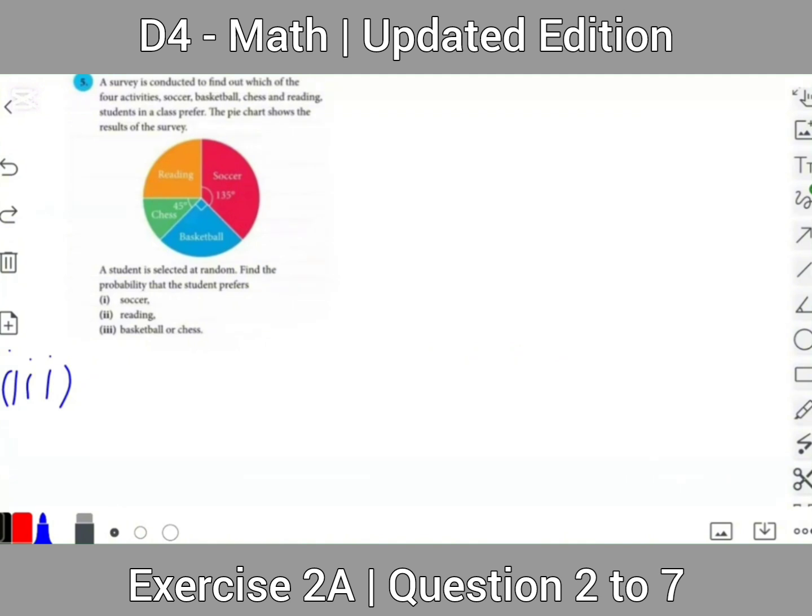Now let E be the event that the student prefers basketball or chess.